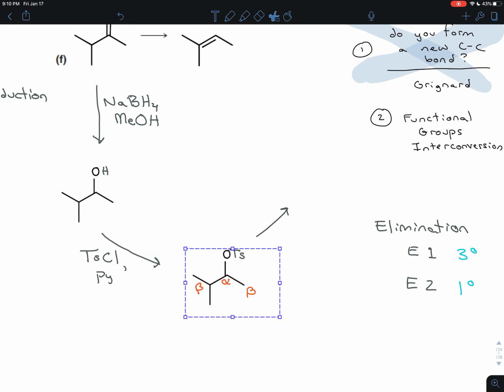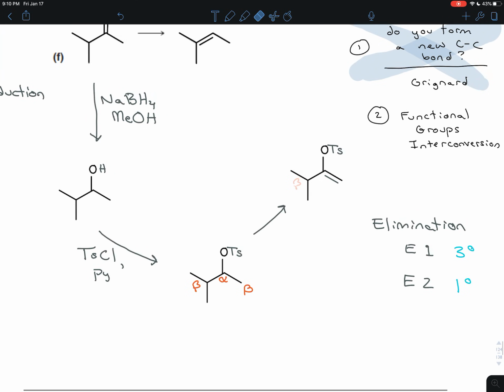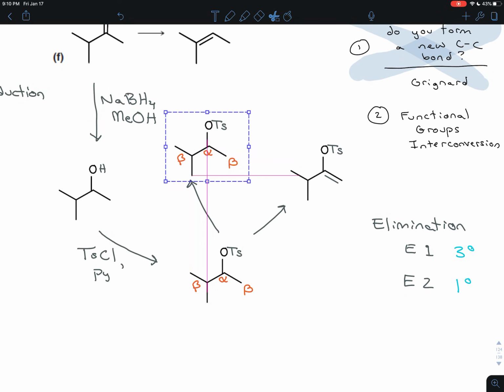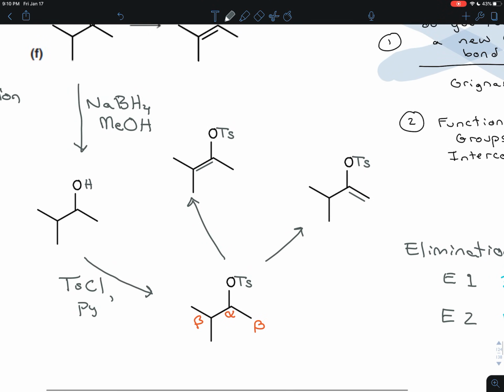We could do an elimination reaction to the right, in which case we would have this product, or we could do an elimination reaction to the left beta carbon, in which case we would have that alkene, the pi bond form toward the other beta carbon.